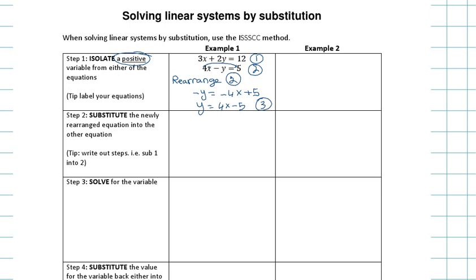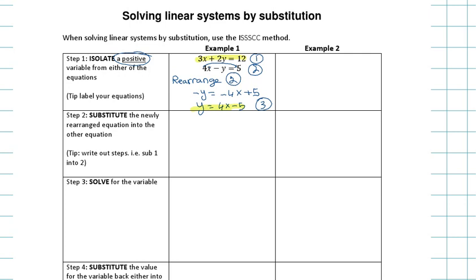Now, since I worked with the second one, I have to work with the first one. So what I will do, I have to substitute the newly arranged equation into the other equation. Okay? So I have to substitute this into my first equation.